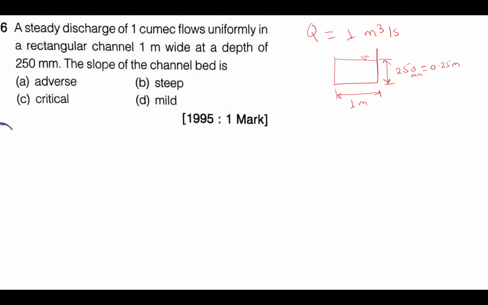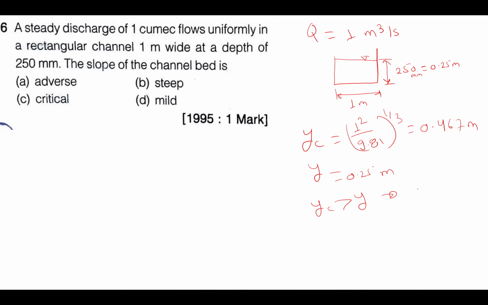The slope of the channel bed is? Here again the same question. You need to calculate YC. If width is 1 and discharge is 1, q will be 1. YC is (1 square by 9.81) to the power 1 by 3. It will come around 0.467, and Y is given as 0.25 meters. So again YC is greater than Y. What will be the answer? That is steep. So option B is correct for that.